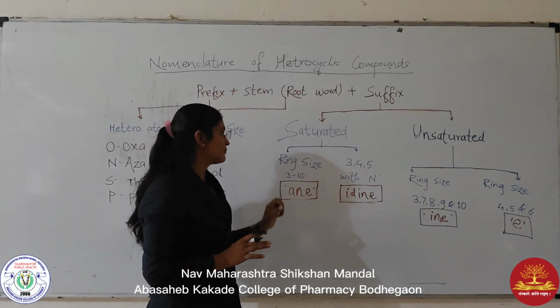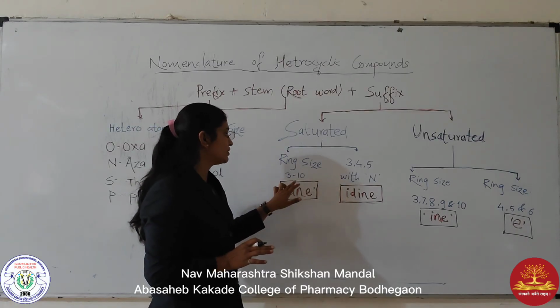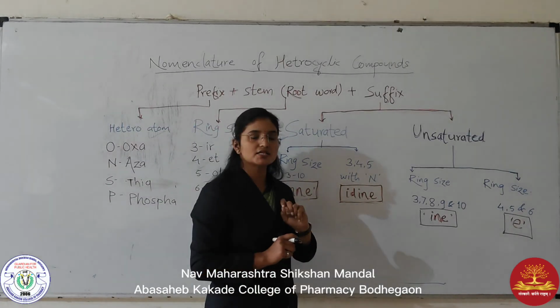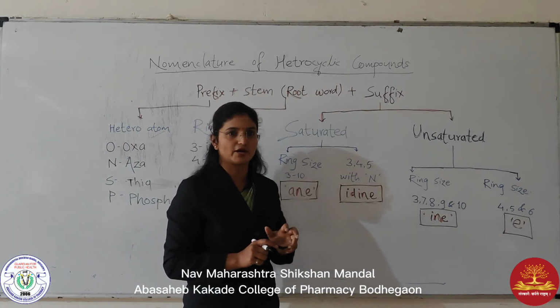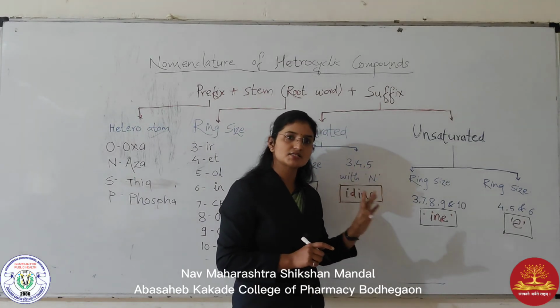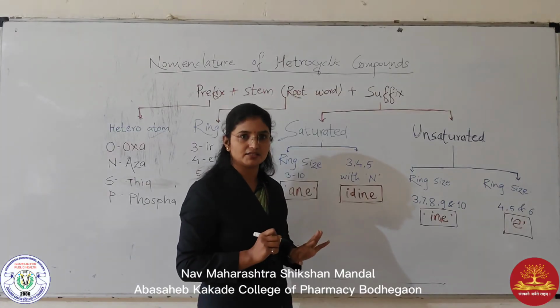For the saturated ring, if your ring is fully saturated with 3 to 10 members, then the suffix will be ane. And if your ring is fully saturated but nitrogen is present as a heteroatom and the ring size is 3, 4 or 5 members, then the suffix will be ine.